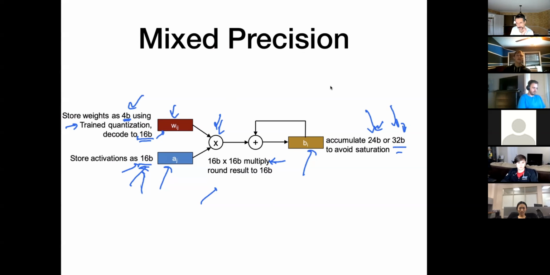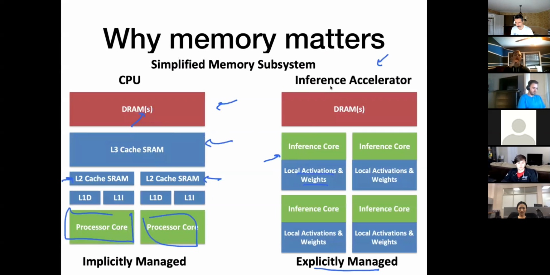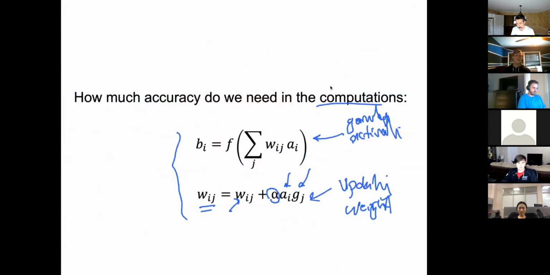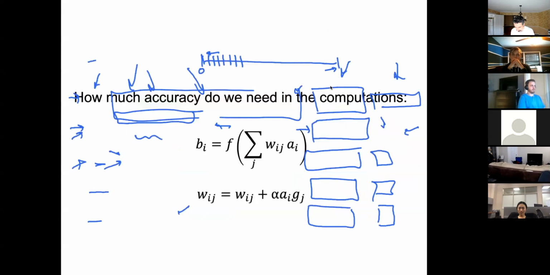No, it makes sense. Going back again to this diagram, two things. We have this sum for calculating these guys, going through your rows.